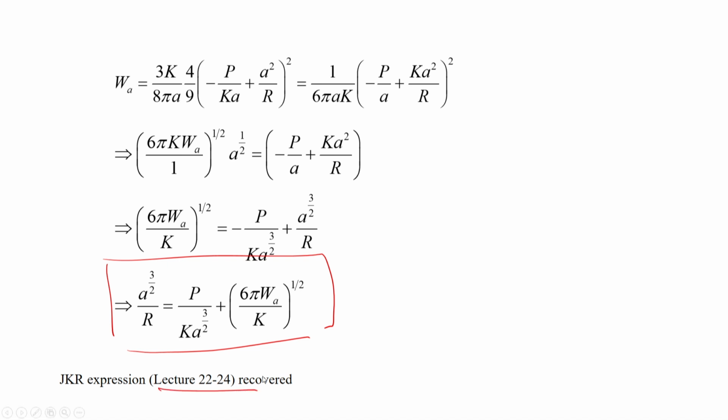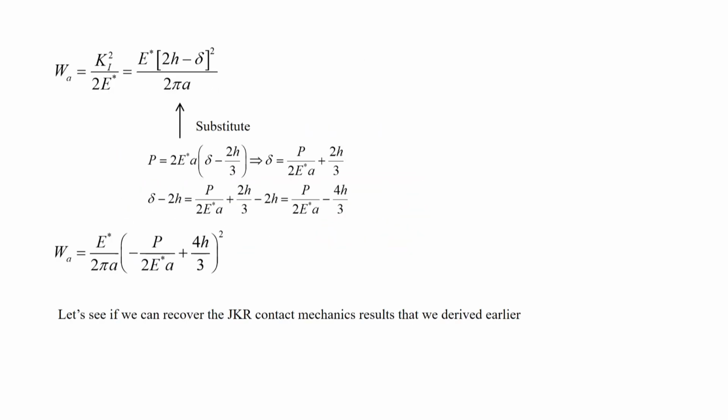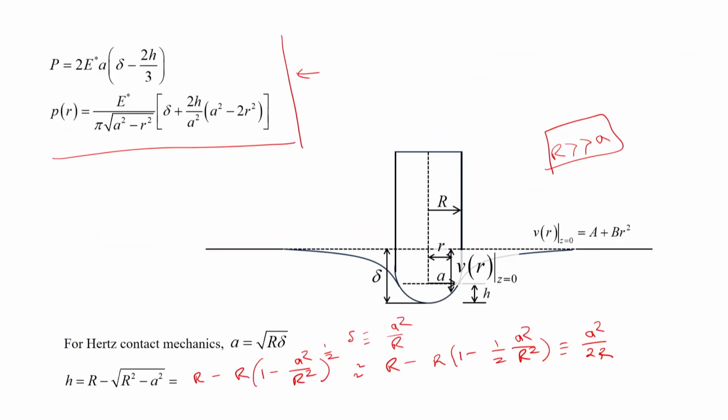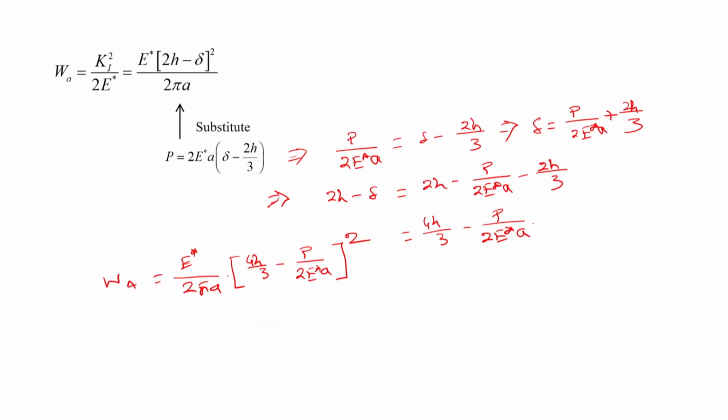So, we can recover that equation by doing this exercise. From this analysis, from this particular problem in which we do not make the JKR or the Hertz assumptions, we can get back the relations for the JKR, that is the bottom line here. So, that is what we do.